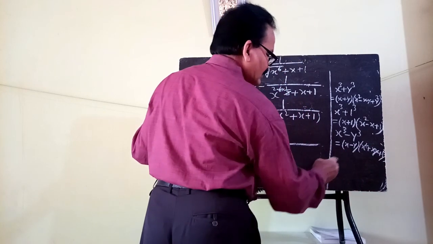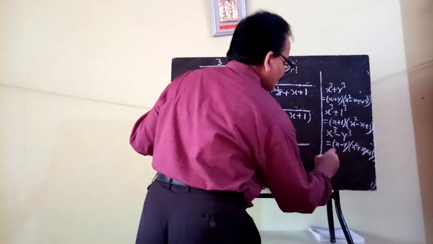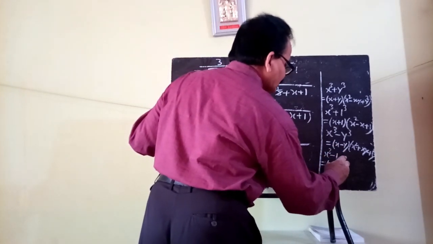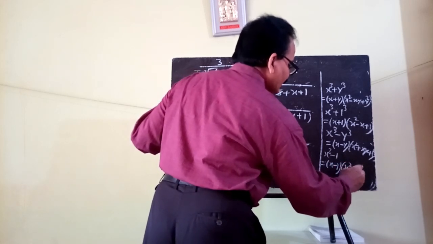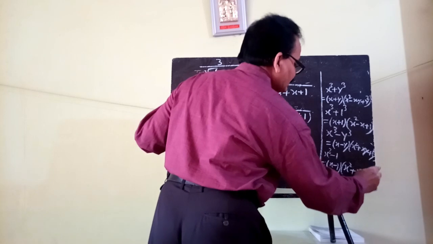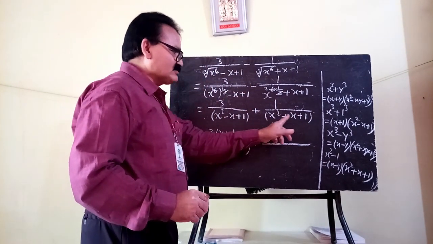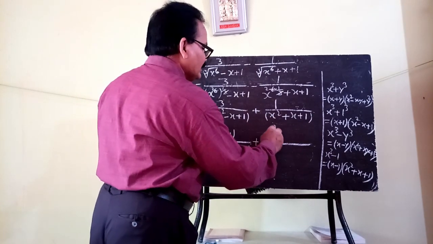This is the relation. So if you take y as 1, then x cube minus 1 can be written as x minus 1 into x square plus x plus 1. Okay, in the second part it is x square plus 1, x square plus x plus 1, and in the numerator it is 1.